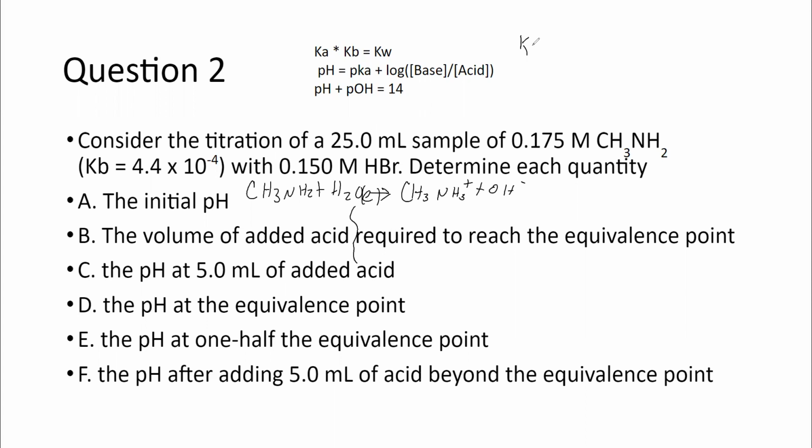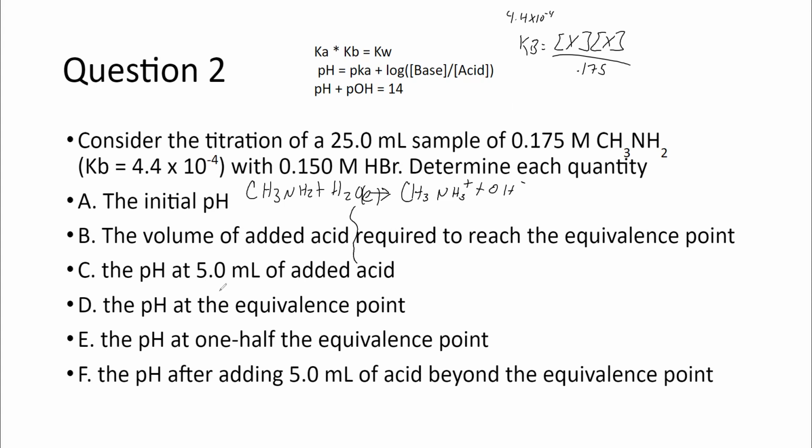So Kb equals the concentration of CH3NH3+, which is X, times OH-, which is X, divided by the concentration of CH3NH2, 0.175, and Kb is 4.4 times 10 to the minus 4. So we need to solve for X.